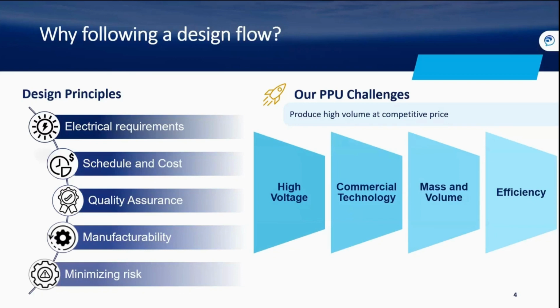Also, we are working in the new space framework, and this implies using groundbreaking technologies such as commercial off-the-shelf components and gallium nitride semiconductors, for instance. This directly affects the reduction in mass and volume of the unit, and also cost reduction.